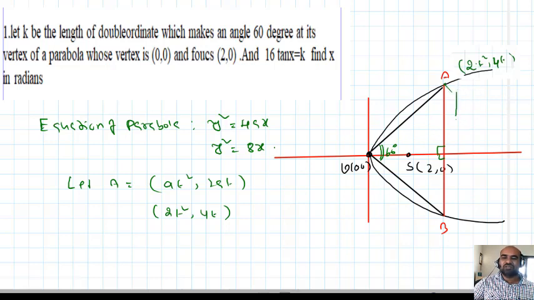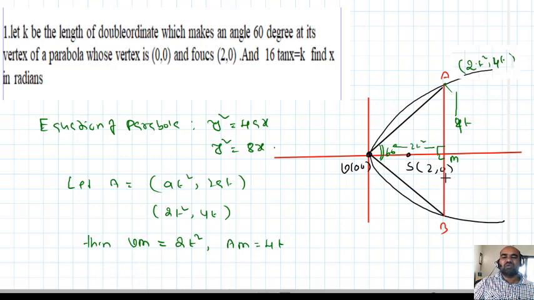Automatically this length becomes 4t and this length becomes 2t square. Say this is M, then VM equal to 2t square and AM equal to 4t.